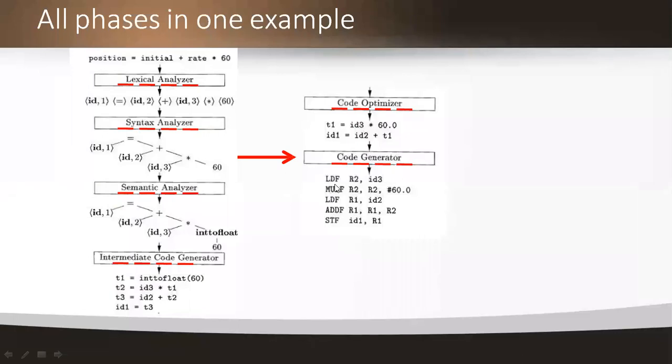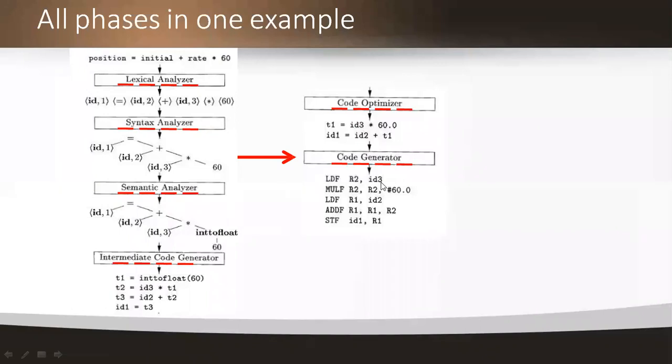And here what we are doing, this ID3 is stored in R2, and now we are performing a multiplication operation with R2. In R2, what token was already stored? ID3 into 60.0. While seeing the structure, while seeing the example and the output that we generated at the lexical analyzer, check it out, or you can check it with the syntax analyzer output.